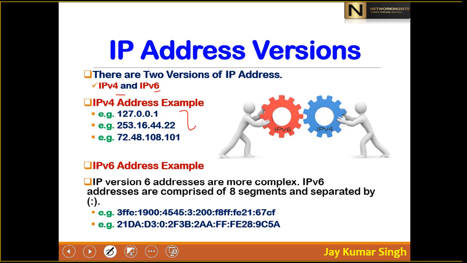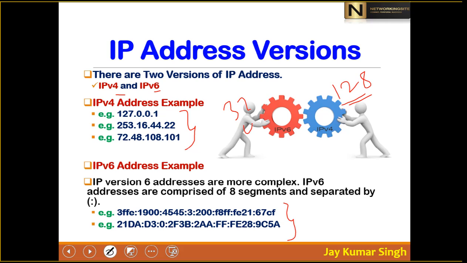IPv4 example looks like this, and IPv6 example is like this. Okay, simple. There are some differences here, so let's discuss. IPv4 will have 32 bits, IPv6 will have 128 bits. Means it's larger.